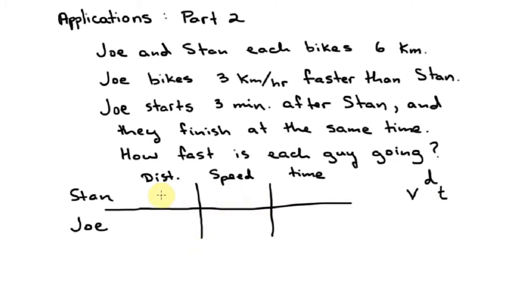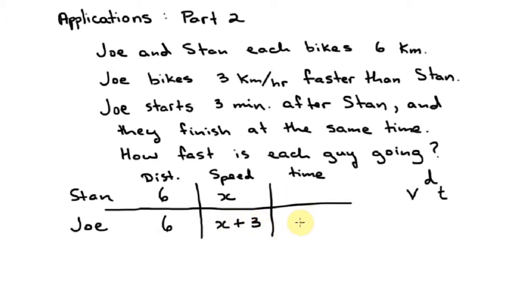So let's put in some of the stuff we already know. Both of these guys travel 6 kilometers. Now, as far as speed goes, we know that Joe is a little bit faster, right? So we're going to say that Stan is traveling at x kilometers per hour, and that means Joe bikes 3 kilometers per hour faster. So his speed would be x plus 3.